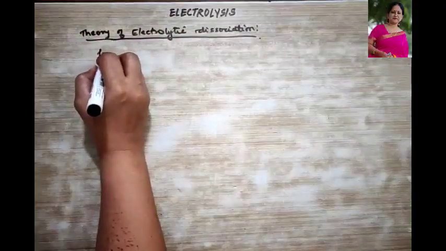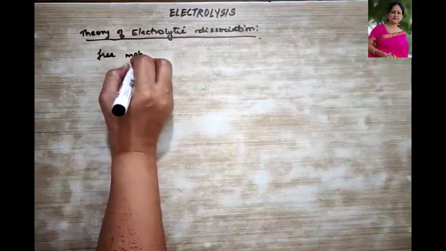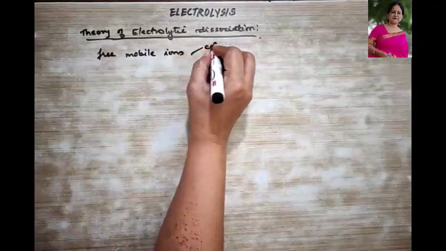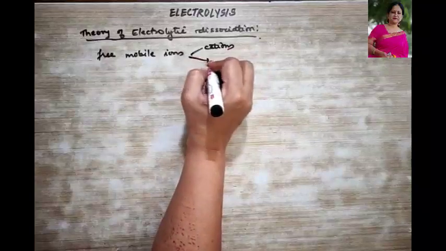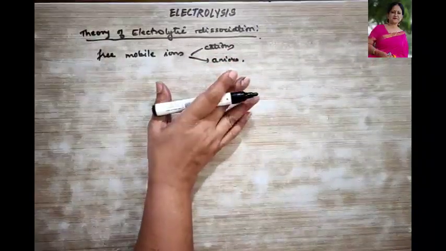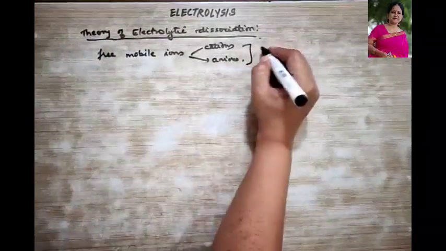And what are those free mobile ions? They could be cations or they could be anions. Fine. And they allow the electric current to pass through.